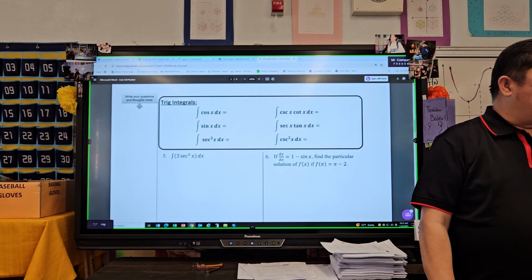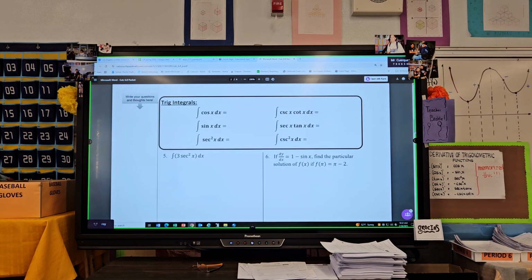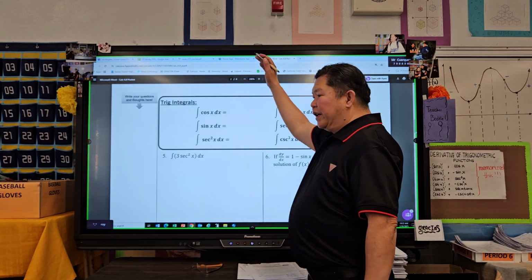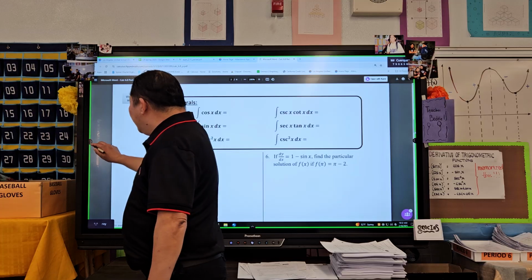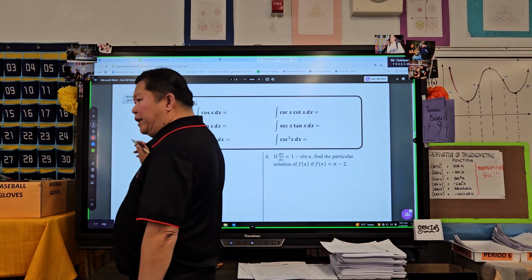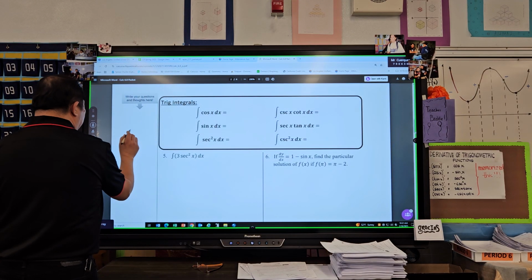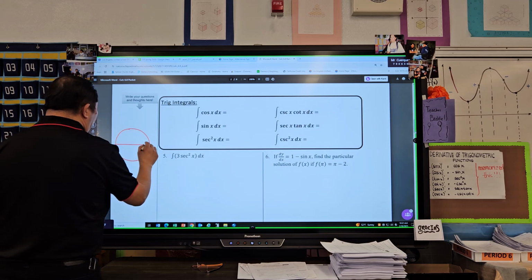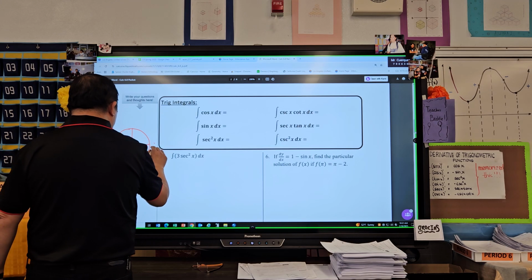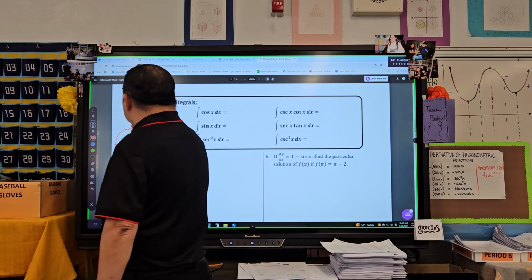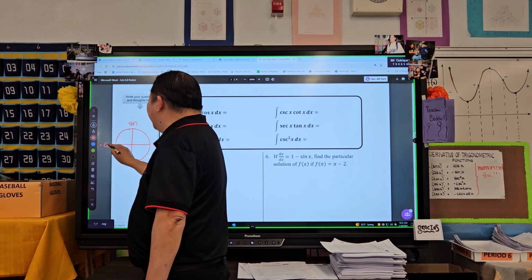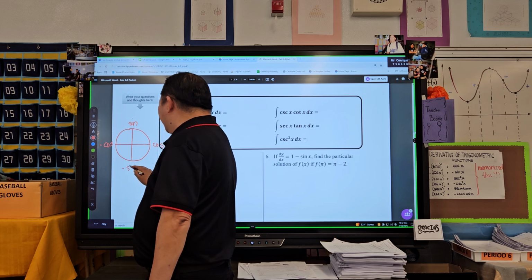So cosine, what is the integral of cosine x dx? Sine. So always remember the mnemonic device. The mnemonic device is a unit circle with cosine, sine, negative cosine, and negative sine.